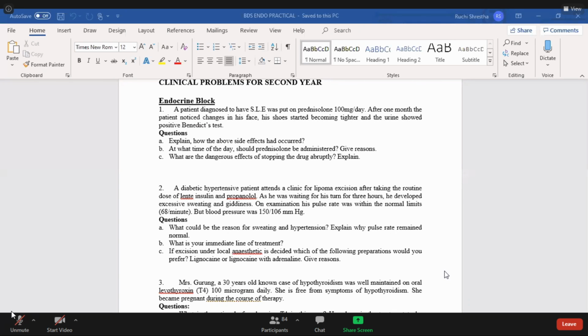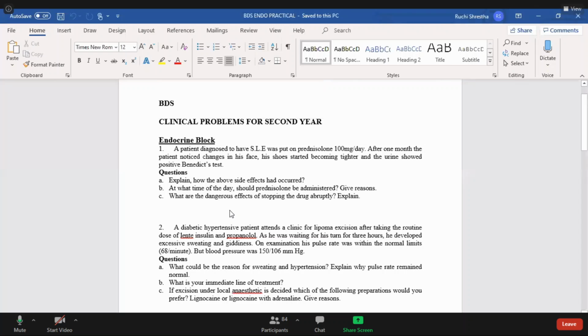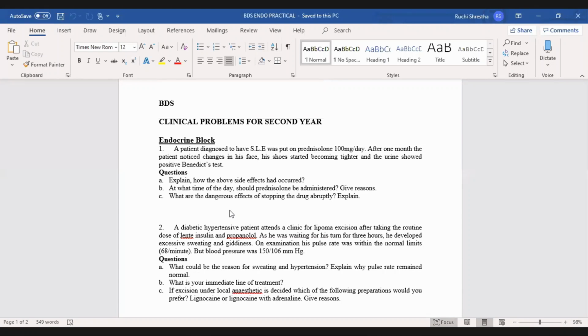Yes, go ahead. Good side effect. Mm. So which can be dangerous, you know.